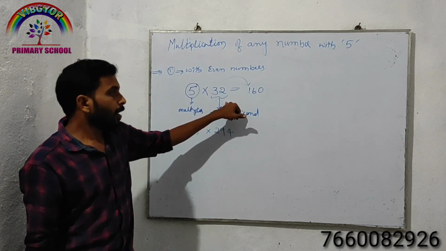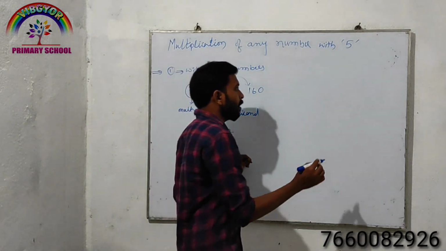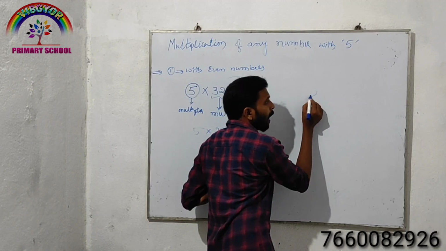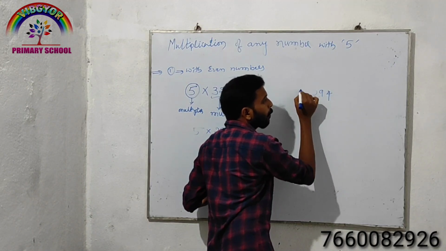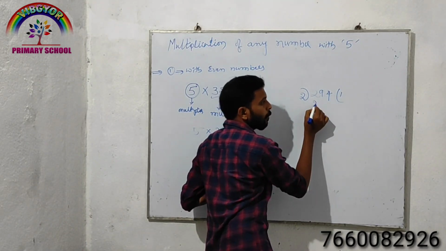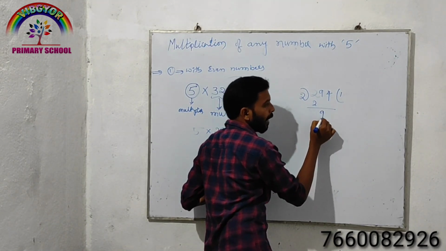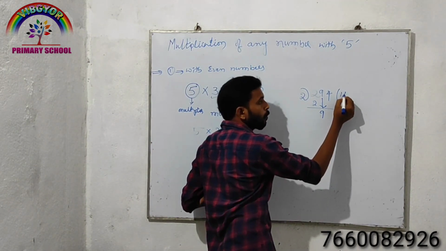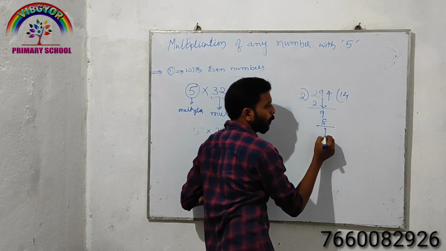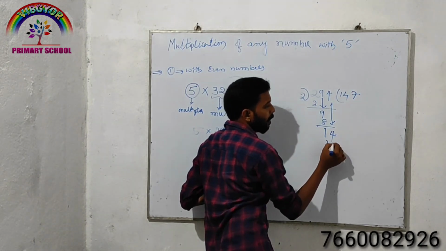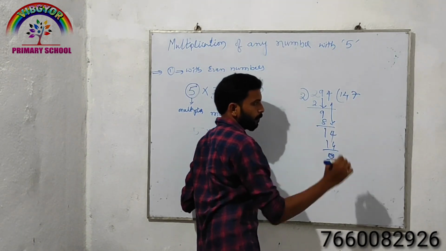Why? Because they follow this process. If they take 294, they divide it by 2. 2 ones are 2, then 9 should be taken down, then 2 fours are 8, 1 remains, which can be taken down as 14 here, 2 sevens are 14, the remainder is 0.